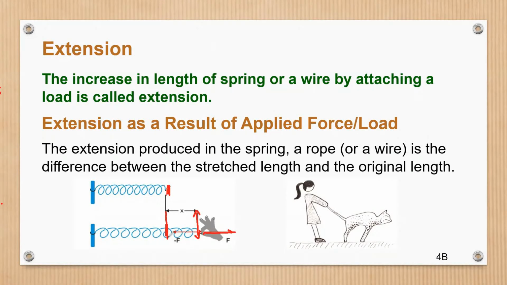So we can calculate the difference by using the relationship of stretched length minus unstretched length. If the unstretched length of the spring is 15 centimeters, and the stretched length of the spring is 20 centimeters, in that case, the extension will be equal to 5 centimeters.